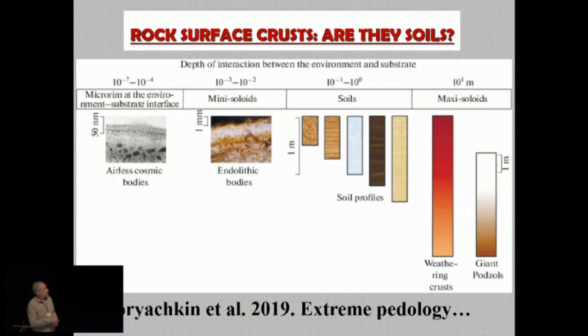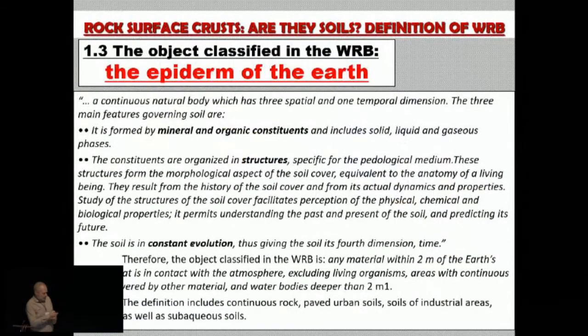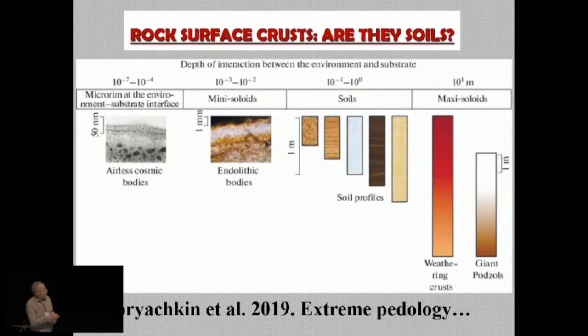These crusts on rock surfaces appear here under the term of mini-soloid, in a range of dimensions much smaller than normal soils, but still with a quite characteristic set of pedogenetic properties.